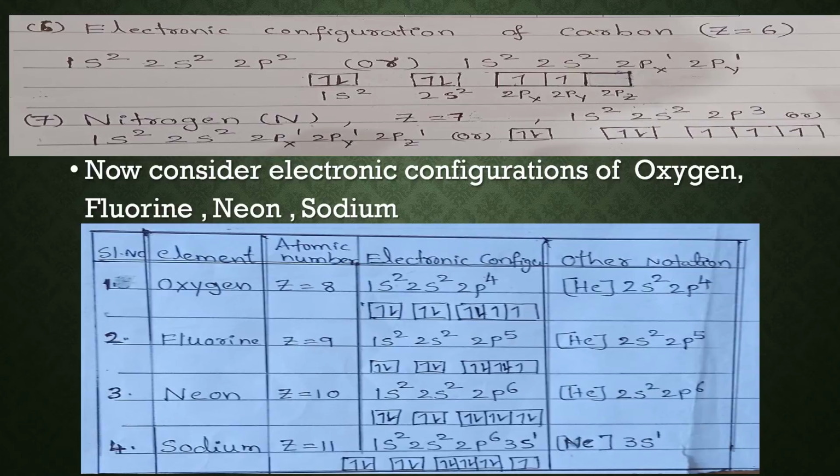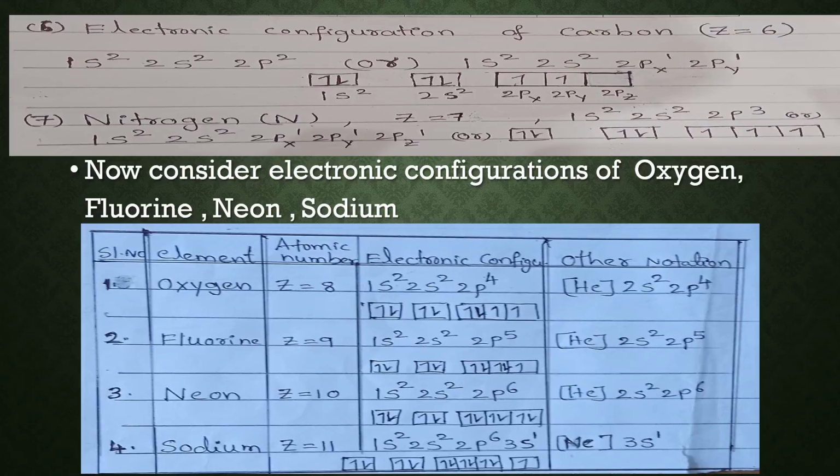Here in neon atom, two main shells are there, first shell and second shell. The valency shell is the second shell. Valency shell is fully occupied with 8 electrons. This is known as octet.